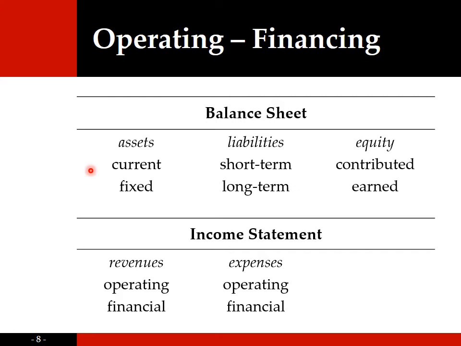On the balance sheet, we have three main categories: assets, liabilities, and equity. Assets are classified into two main categories, current and fixed. Liabilities are classified into short-term and long-term, and equity is classified between contributed and earned.